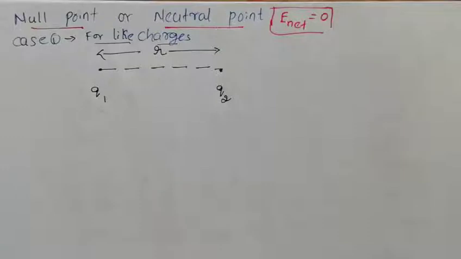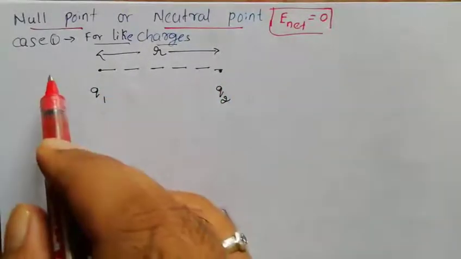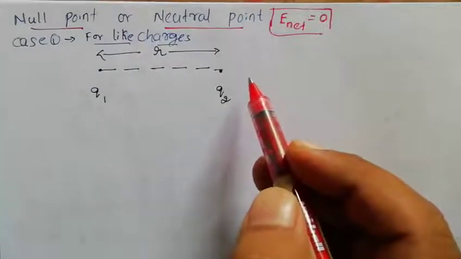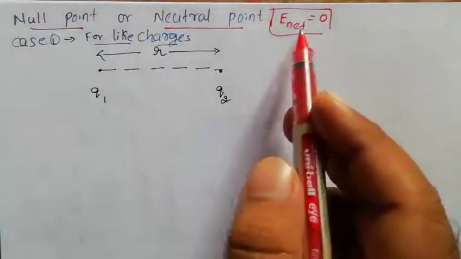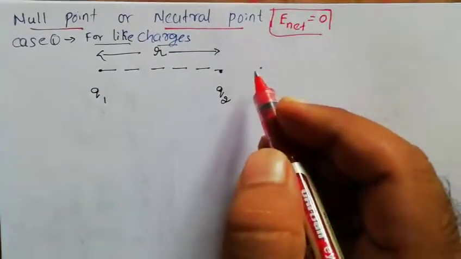Now look at this. If you take like charges, you need to have a small logical thinking here. Keep in mind, if I keep a point somewhere outside, somewhere here, the neutral point means the net electric field becomes 0. If I keep it somewhere here, does the net field become 0?